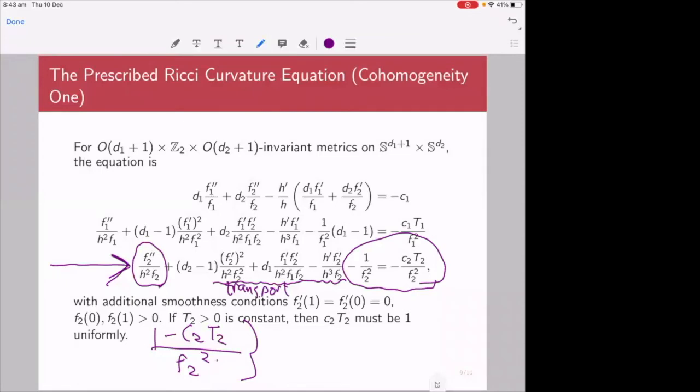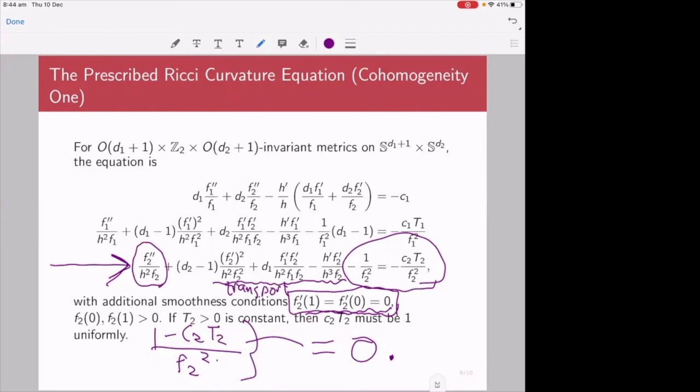Now we're trying to solve this equation subject to Neumann boundary conditions. And so from the maximum principle, what we can see is that the only way we can solve this problem is by insisting that this term must be equal to 0 in the case that t2 is constant.